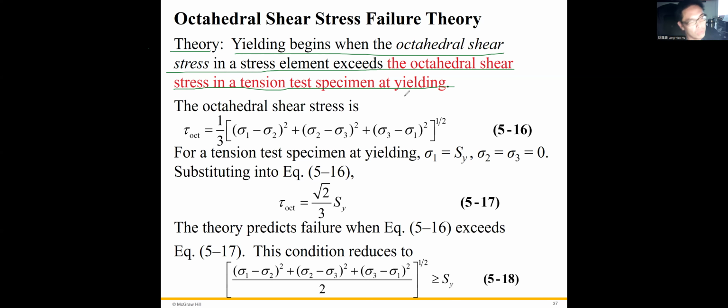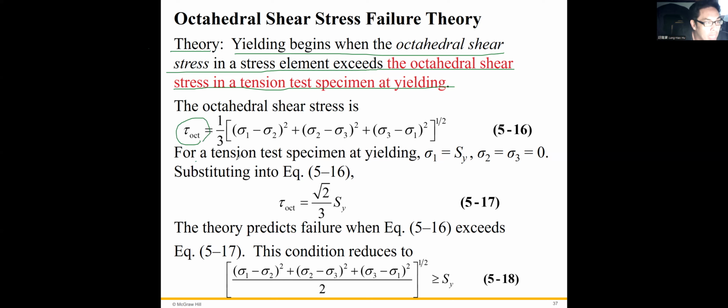You might think it's a little bit similar to the distortion energy method, and some parts of it are similar.